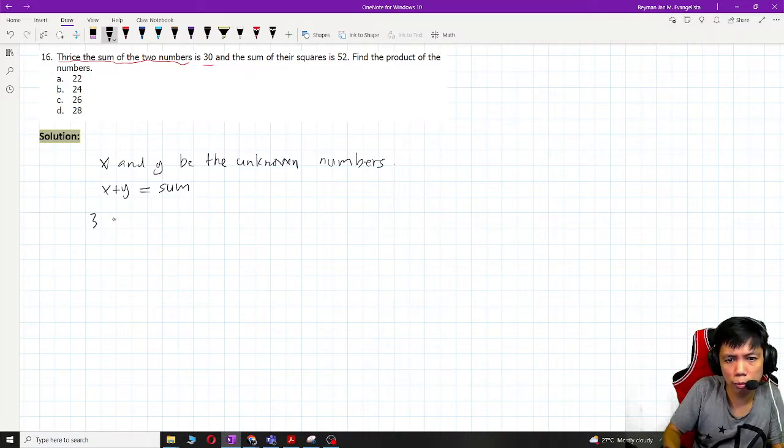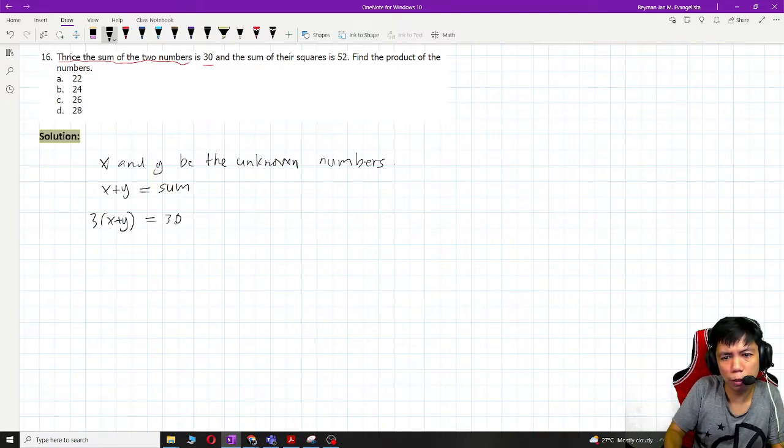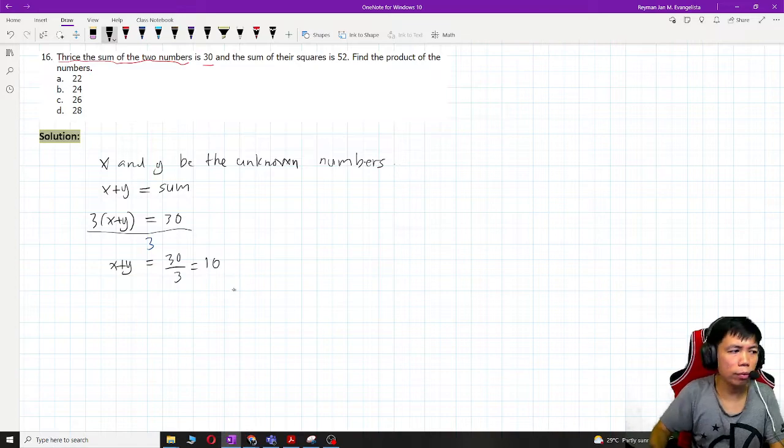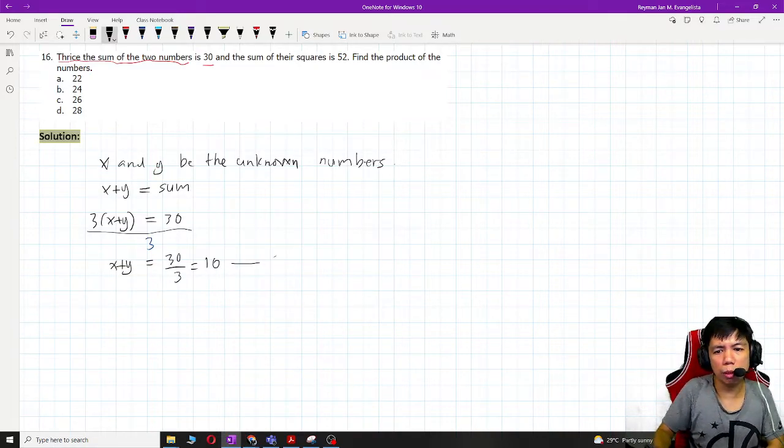So, 3 times of x plus y is equal to 30. Simplify natin. So, divide natin both sides by 3. So, what will happen? So, x plus y na lang yan. Sa right side, so 30 over 3 which is equal to 10. Ito yung equation 1.